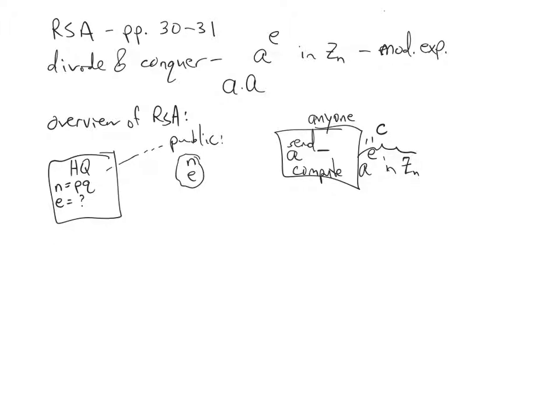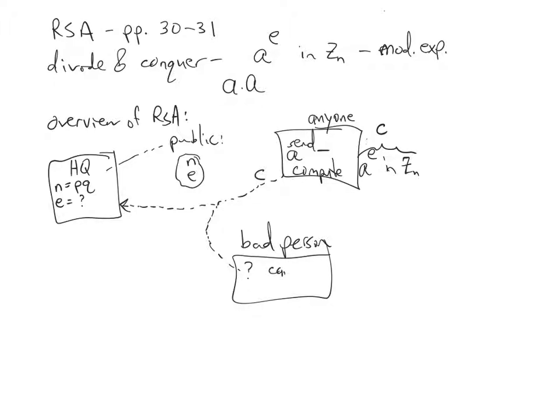Those people then send the number C happily off to headquarters. But of course, bad people can listen on the internet, so a bad person can intercept that.